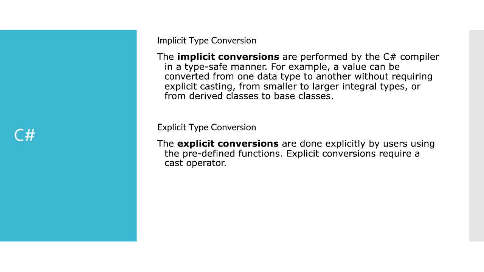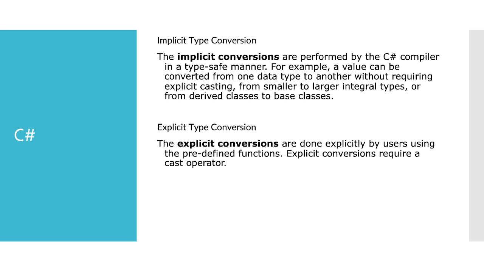In C sharp, we can say there are two types. One is the implicit conversions, the other is the explicit conversions. Implicit conversion means the compiler converts one data type to another data type without requiring any explicit casting.